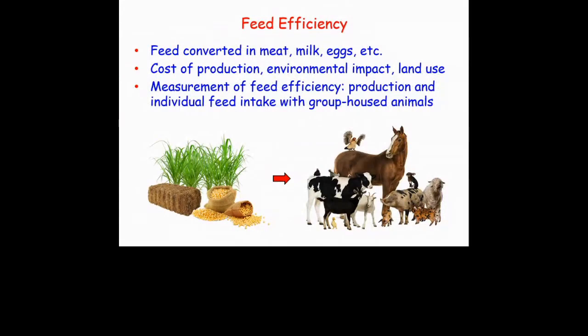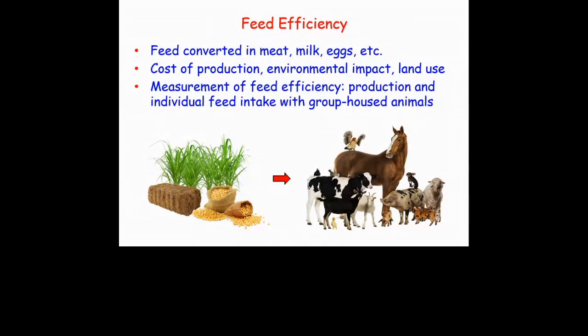feed efficiency. Okay, so we have the input, that is the feed, and output could be milk, could be eggs, meat, any other animal product. So it is not too difficult to measure the output, like milk yield or weight of animals. But using this technology, we can, for example, monitor weight on a daily basis.